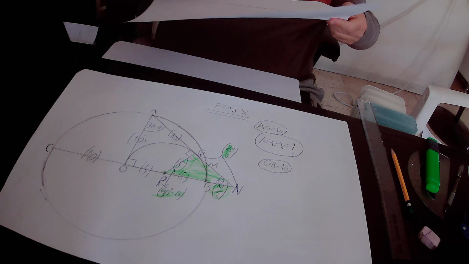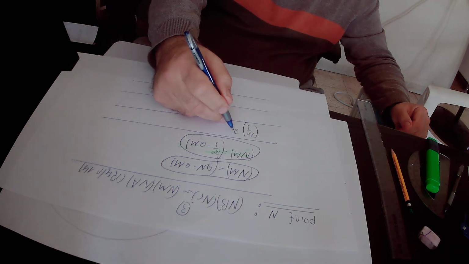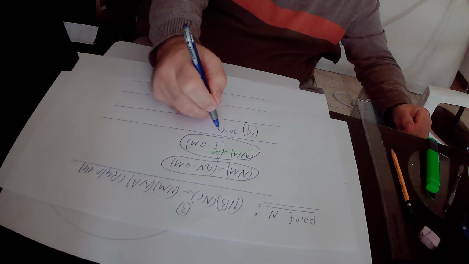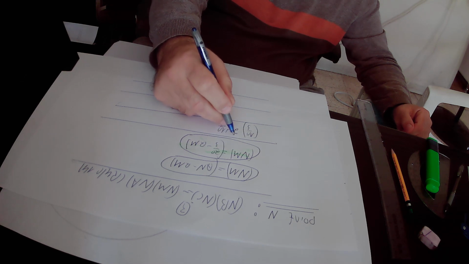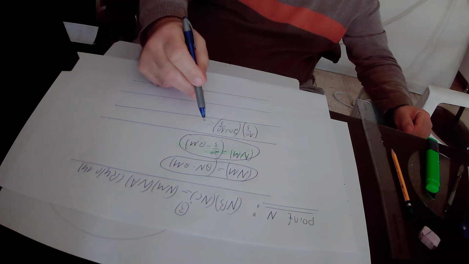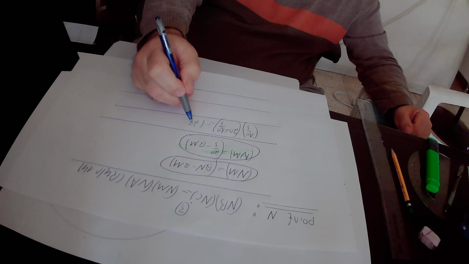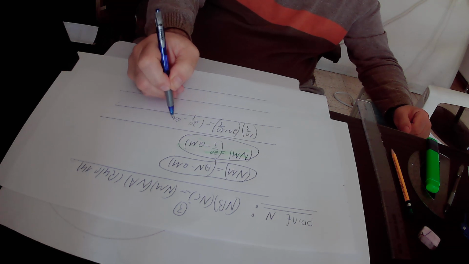Repeat again, NC or CN equals 20 plus 10 over 3 units in length, and it is multiplied by NM. NM, we just found out, equals 20 over 3 minus QM.